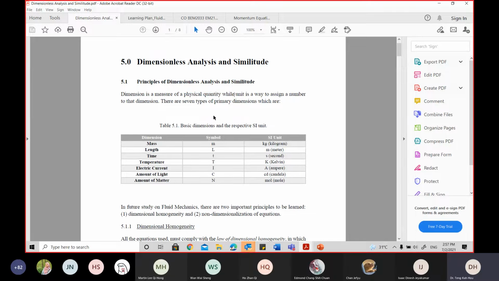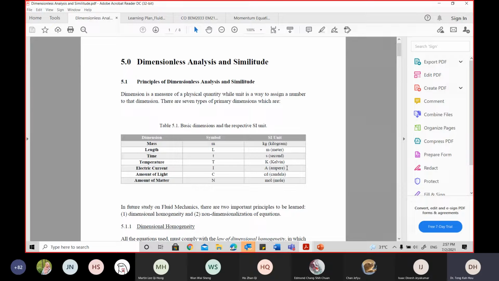And just a recap, all the dimensions will have 7 basic SI units. Am I right? That's your mass, your length, your time, and temperature, and these are the 4 common ones we use a lot in all the different equations. And of course, electric current, I; amount of light, candela; and amount of substance, which is the mole.